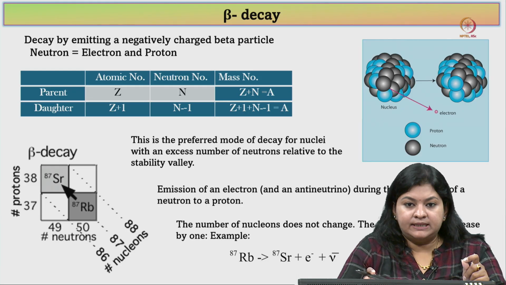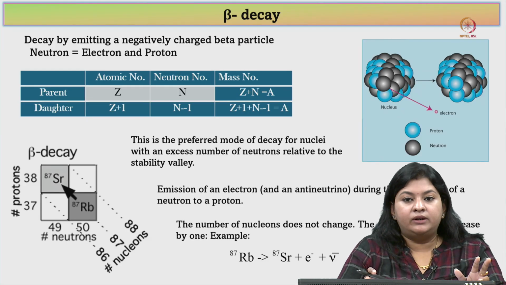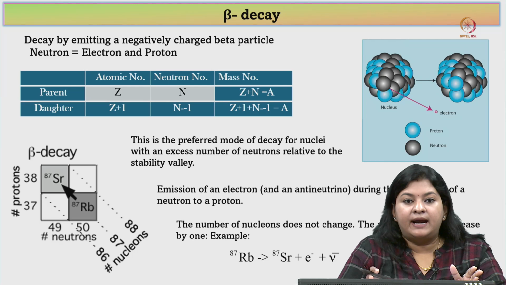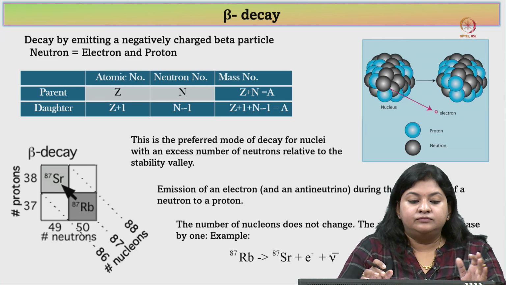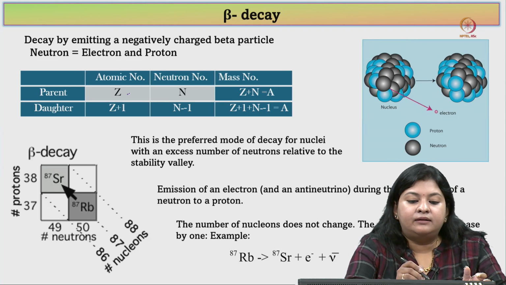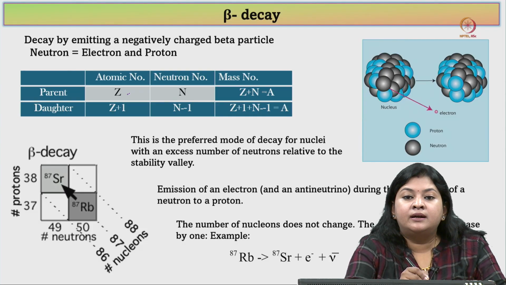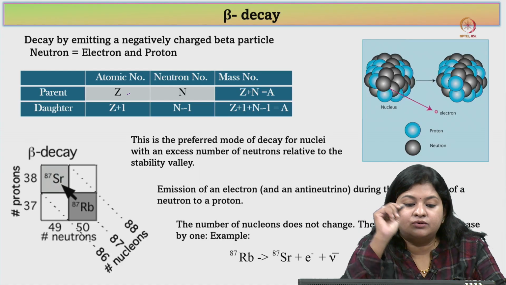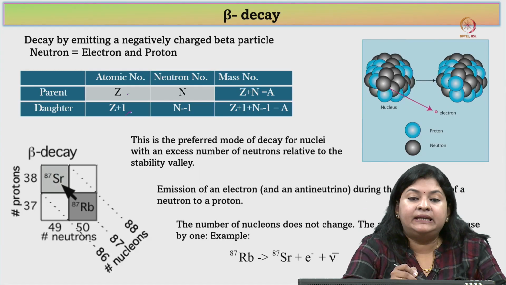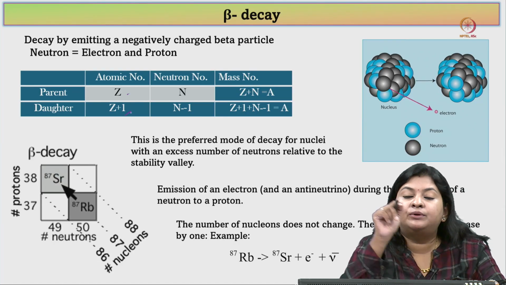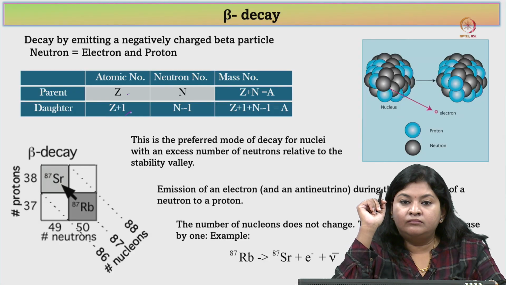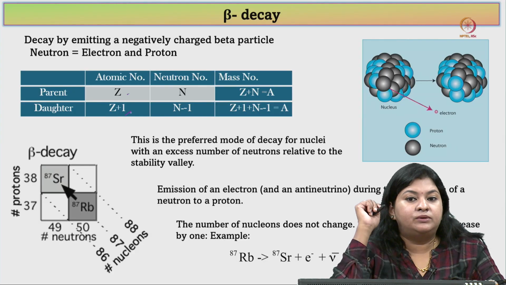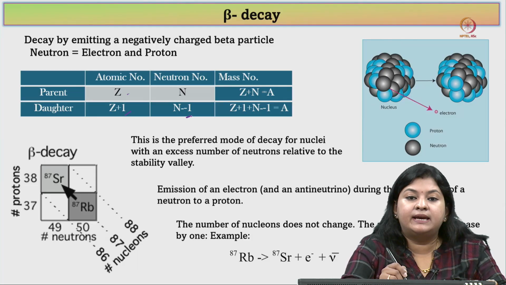So, the parent will start moving up the atomic number ladder. The atomic number will increase by 1 because you are adding 1 proton, but the neutron number is decreasing, N minus 1.